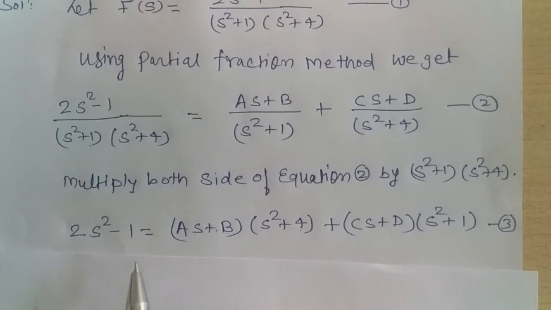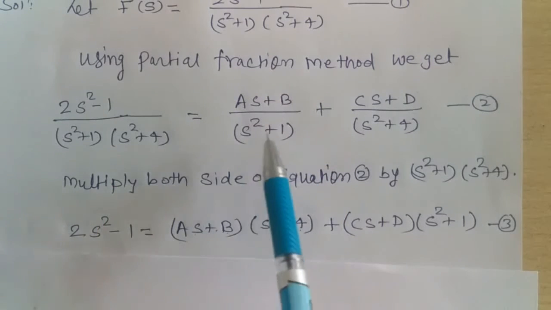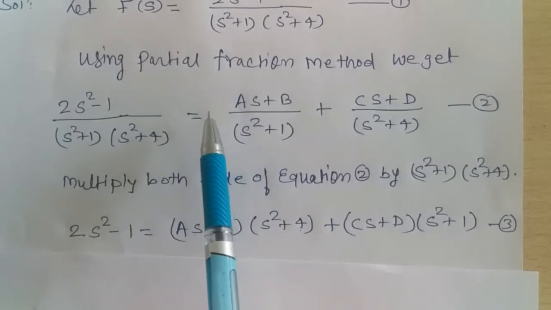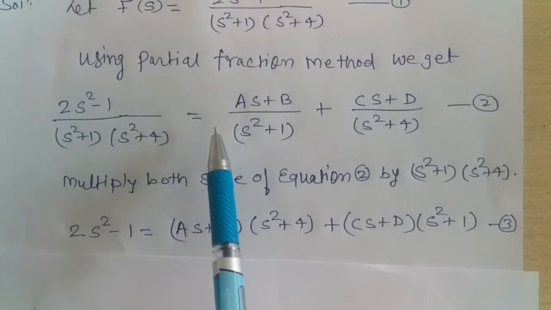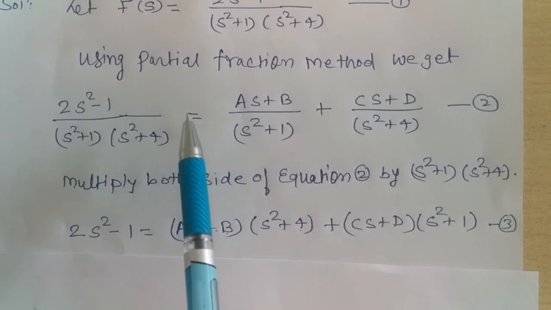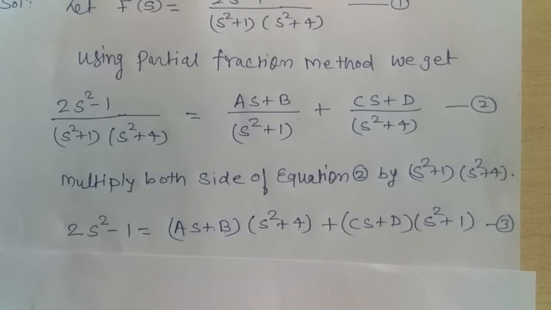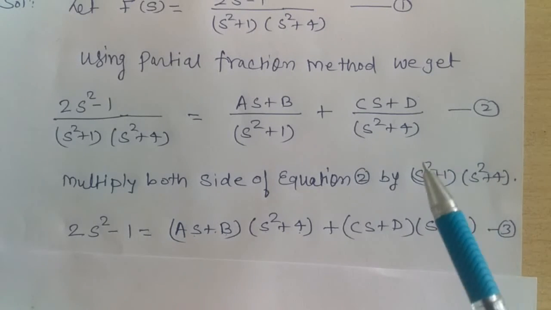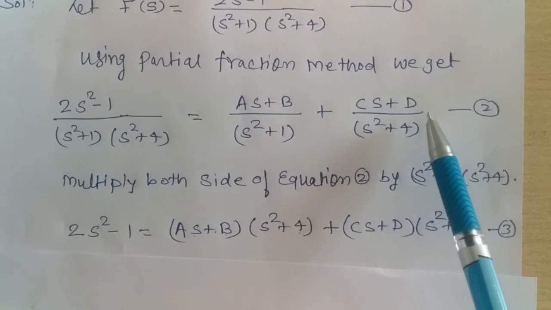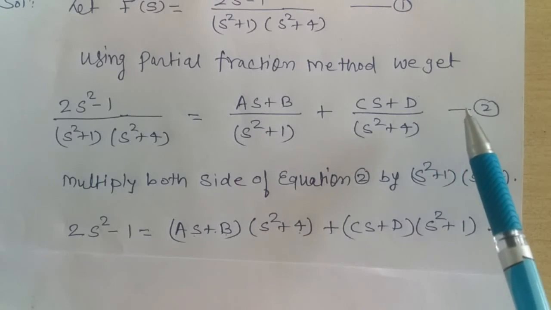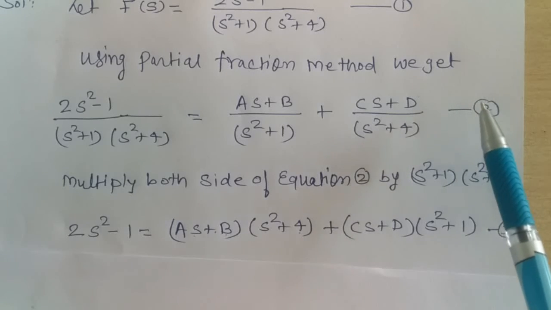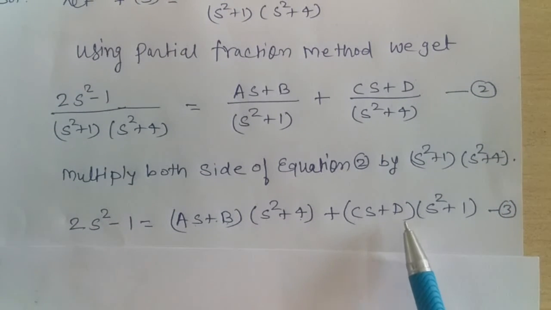On the right hand side, when we multiply this expression by s square plus 1 into s square plus 4, then s square plus 1 cancels and we get as plus b multiplied by s square plus 4. Similarly, s square plus 4 cancels and we get cs plus d into s square plus 1.